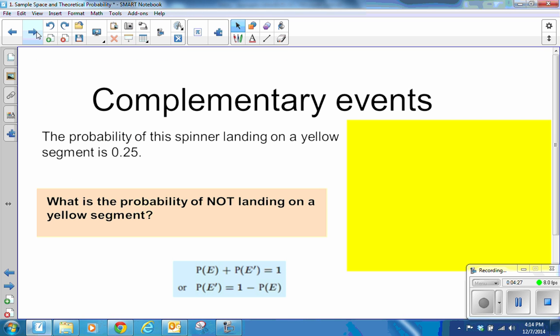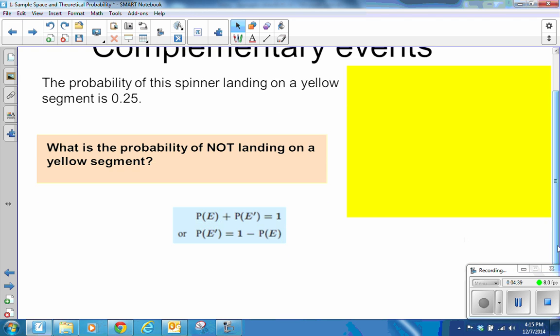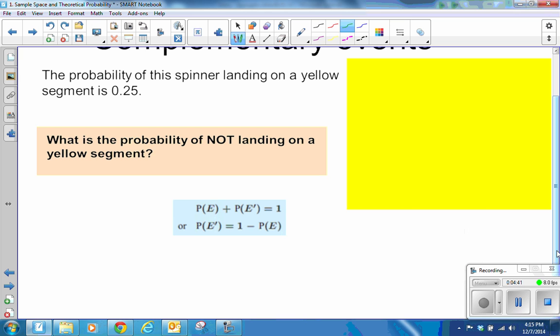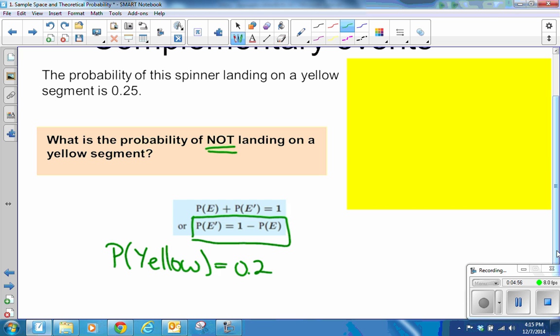Now let's check another example of using complementary events. The probability of the spinner on the right-hand side landing on a yellow segment is 0.25. So I can use this to find out the probability of not landing on a yellow segment. The probability of landing on a yellow is 0.25.